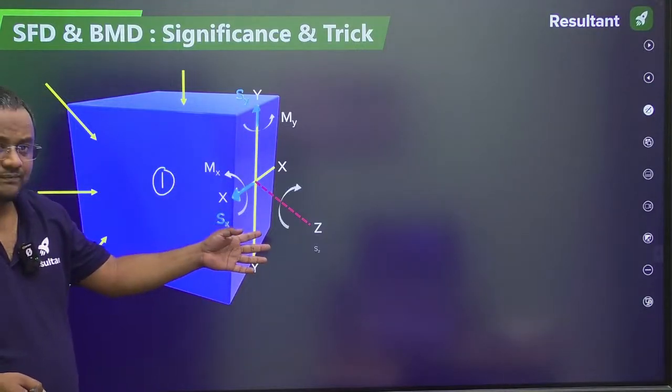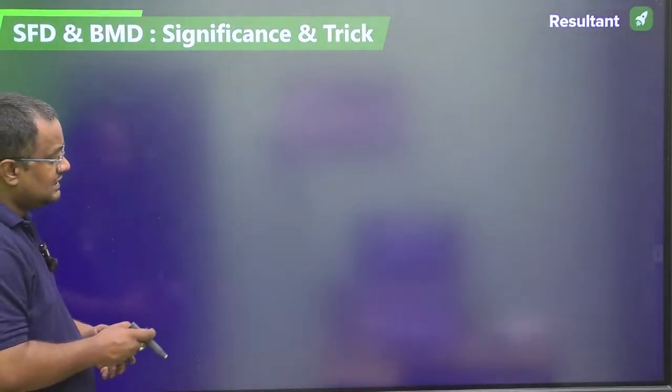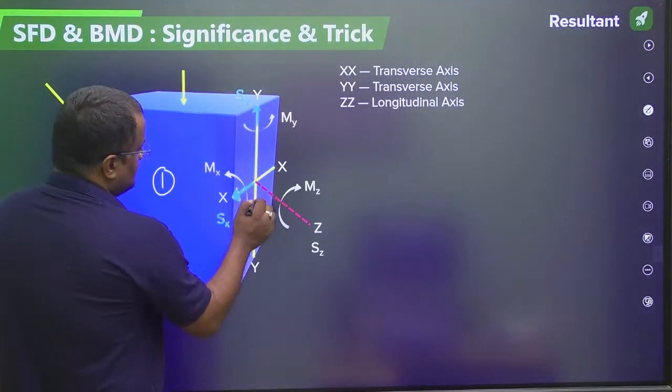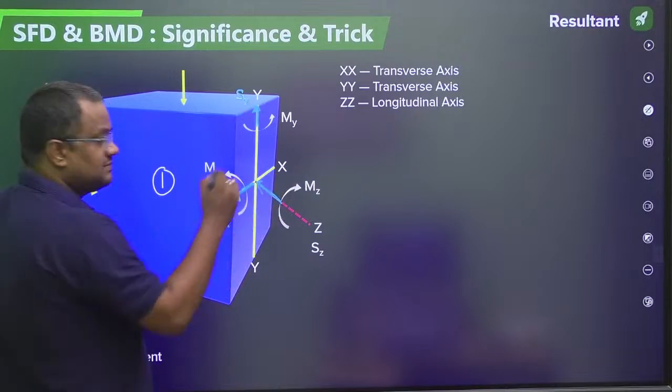Similarly, in the z axis, there is some force, then in the z direction there will be some force Sz for balancing it, and Mz moment is coming.